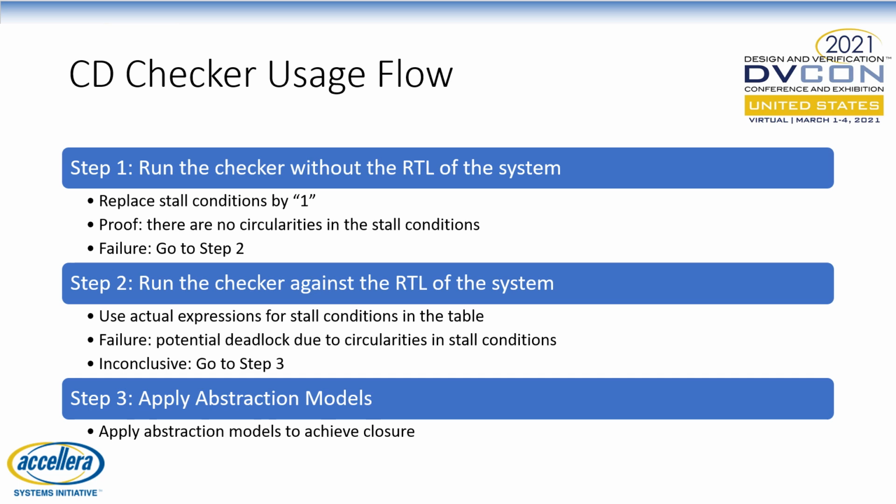So the next thing we can do is to run the circular dependency checker on the RTL of the system with the actual expressions for stall conditions in the dependency table. This is the second step. A failure in this step highlights a potential deadlock in the system due to circularities in the stall conditions of the blocks.